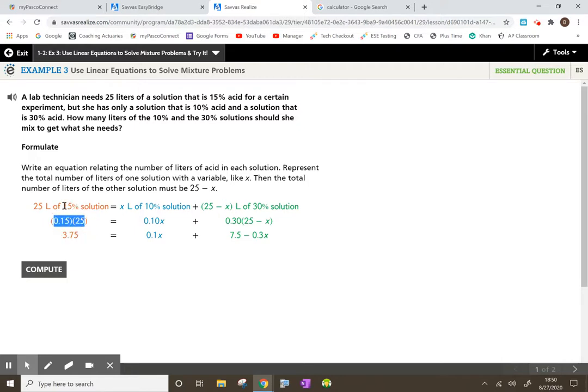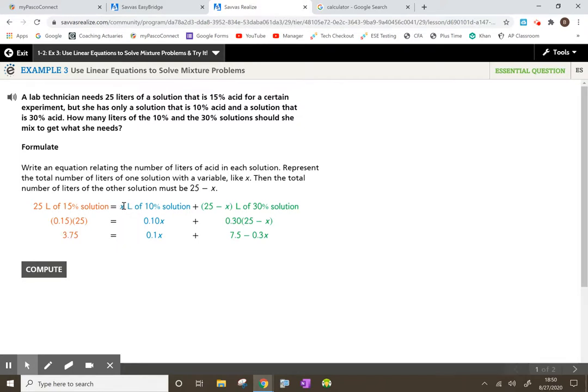Now 15%, remember, as a decimal is 0.15. Think of it like change: if you have 15 cents, it would look as a decimal like 0.15. Times 25, that is 3.75. So that's our target amount.